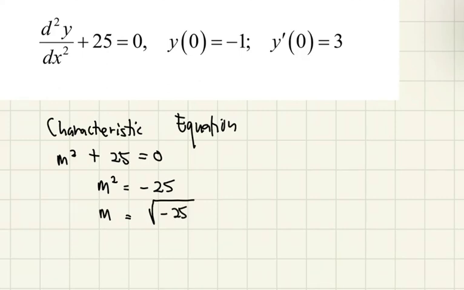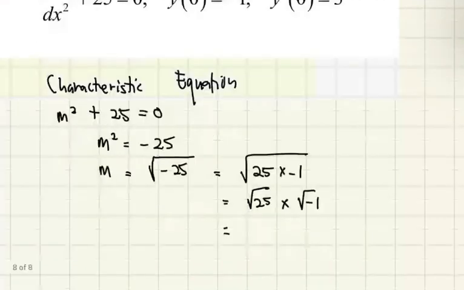If you put square root of minus 25 in the calculator, you will get an error, because you cannot take the square root of a negative number. So you can write this as square root of 25 multiplied by minus 1, which is square root 25 times square root minus 1.